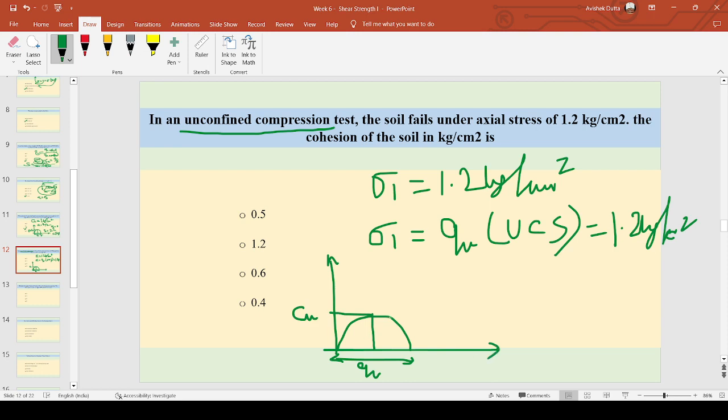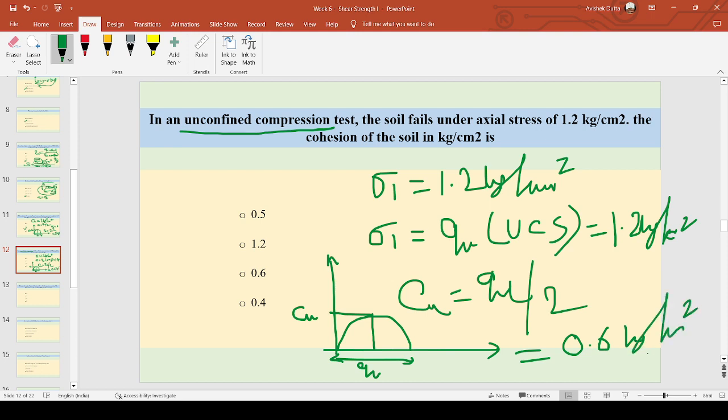So in this case, Cu equals Qu divided by 2, that will give us 1.2 divided by 2, that is 0.6. So 0.6 kg per centimeter square is the answer of this question.